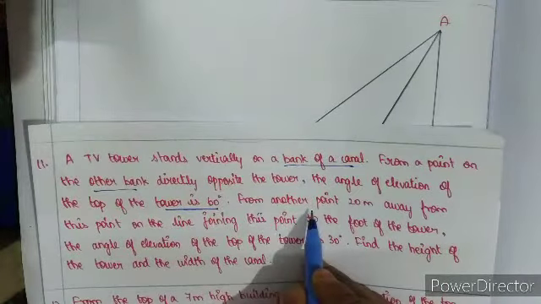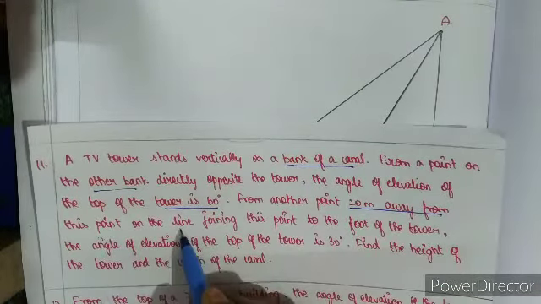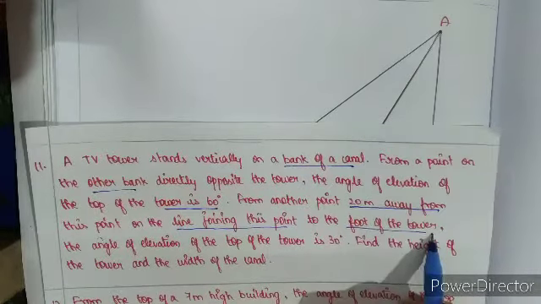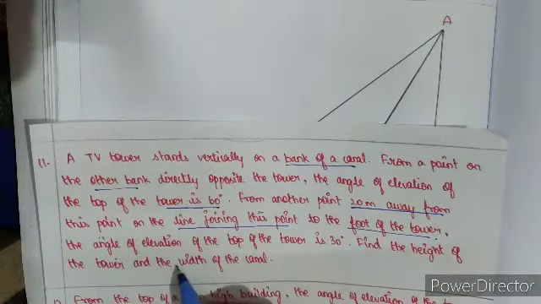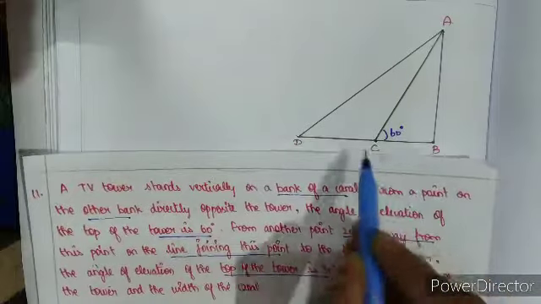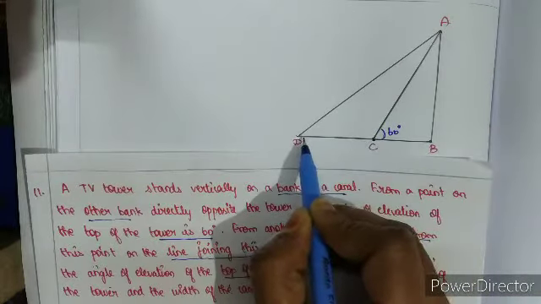From another point, 20 meters away from this point, on the line joining this point to the foot of the tower, the angle of elevation of the top of the tower is 30 degrees. See here, from another point, it is given 20 meters away from this point.